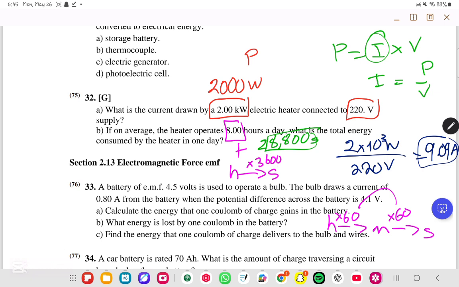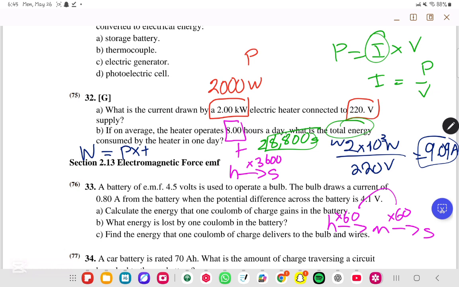We will multiply this by the power. Why? Because they need the total energy consumed. What is the equation? If we have the time and the energy and we need to find the power, we know that the energy is equal to the power times time. We need to find power. Power is equal to energy over time. So it's my bad. We have the power and the time and we need to find the energy.